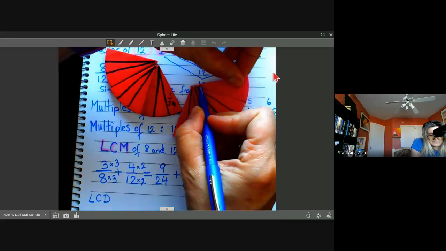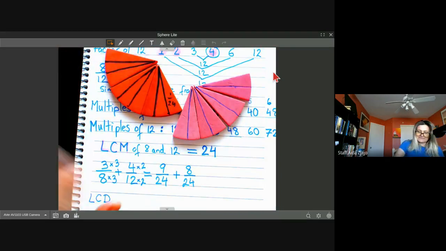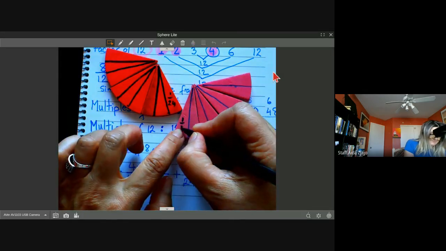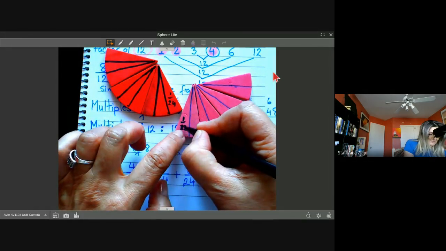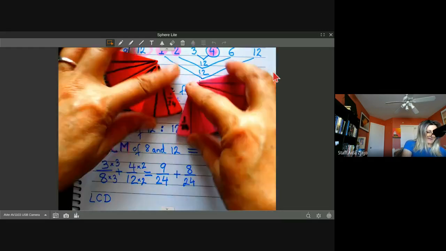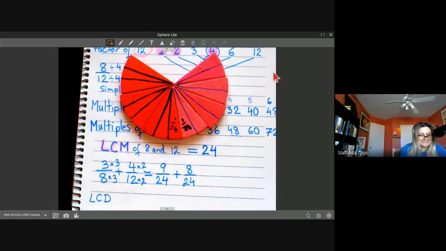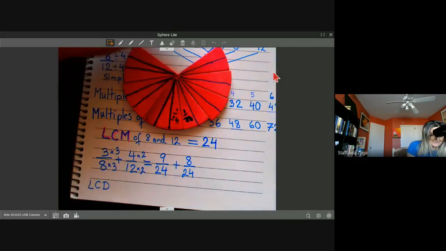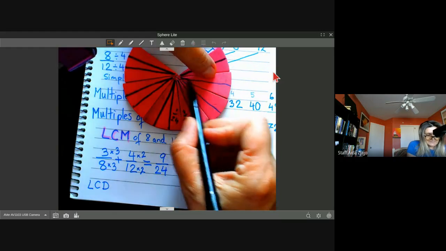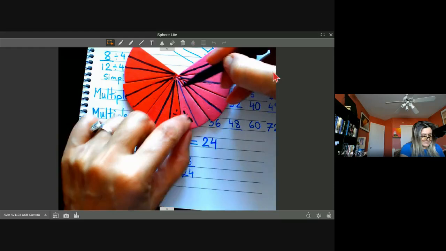Now this is also my 1/24 piece. You can see I made them the same size, 24ths, and now I can add them together, because they are the same size.